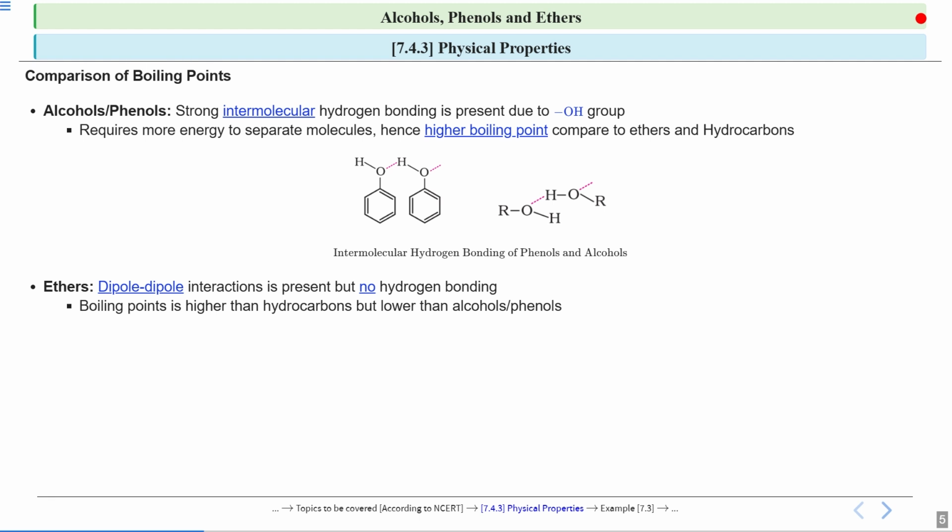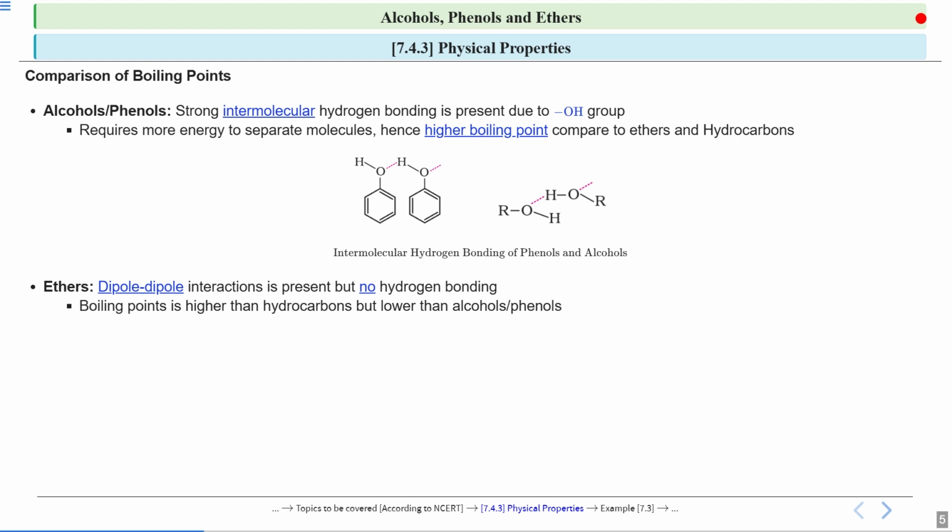So the boiling point of ether is higher than the hydrocarbons, but it is lower than alcohols and phenols, because the dipole-dipole interactions are weaker than the hydrogen bonding. So you have to provide less energy for the molecules to separate and hence the boiling point will be less.